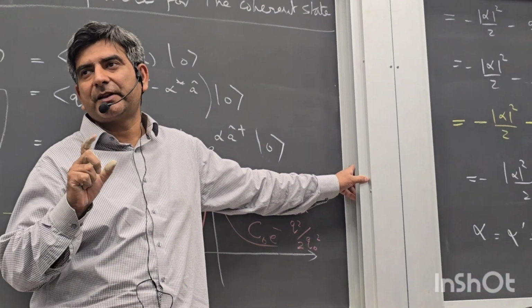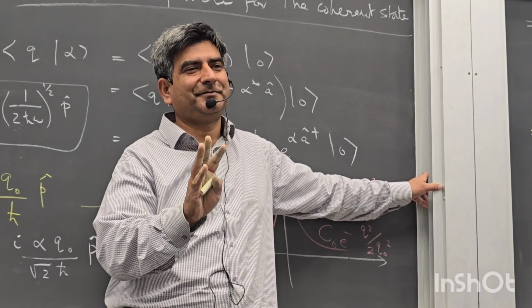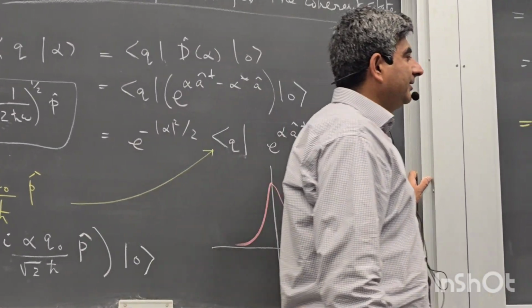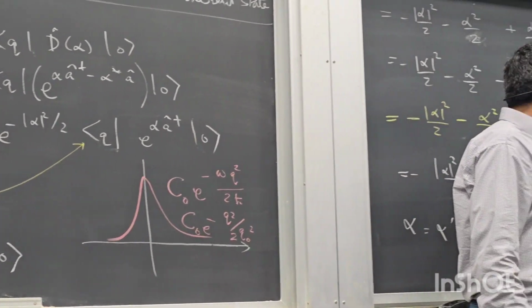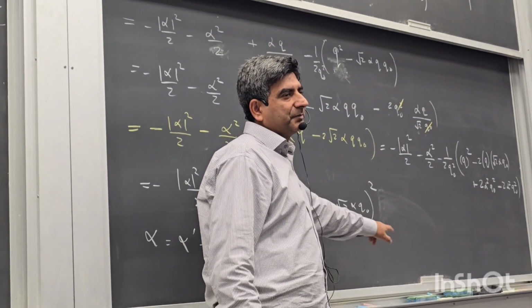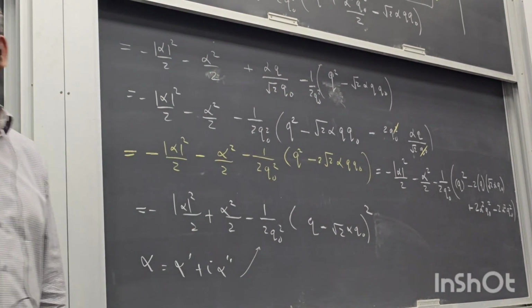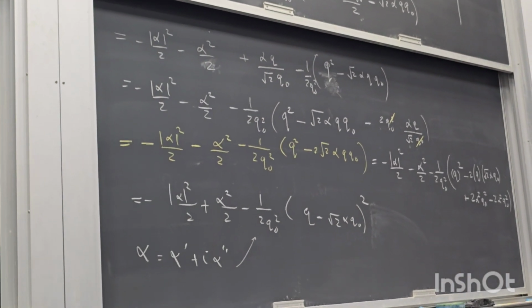All the iota terms will act as global phases, and I can ignore them. At the end, I will just have a real number here, alpha prime. So if you open up this bracket again, you just get a real number. All in all, the final result looks like the following.